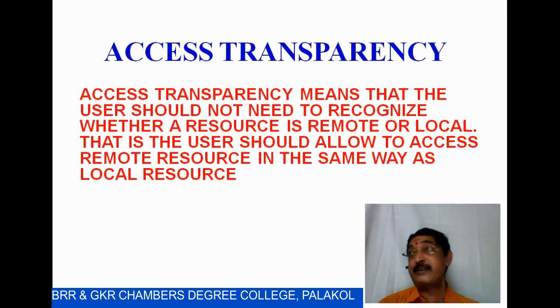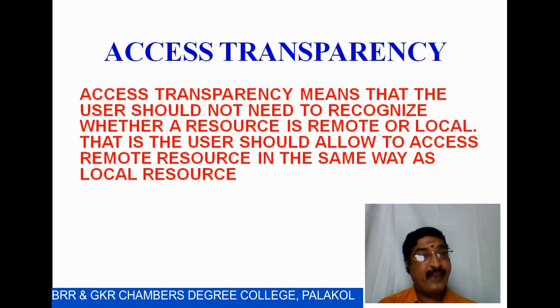Access transparency means that the user should not need to recognize whether a resource is remote or local. The user should not know from where he is getting details, which resource he is using, whether local or remote. Suppose a user searches for data.